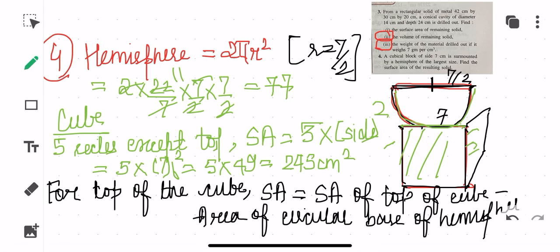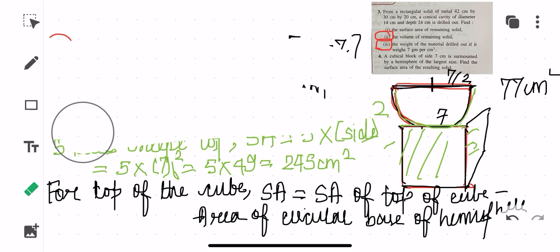It's not a formula, children, it's just the way you are writing. The 77 that we are getting, I'll be writing down on this side because I need to erase this part now.